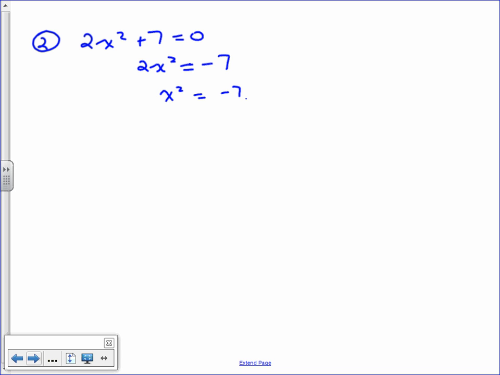All right, our third example: we've got x plus 3 squared is equal to 11.